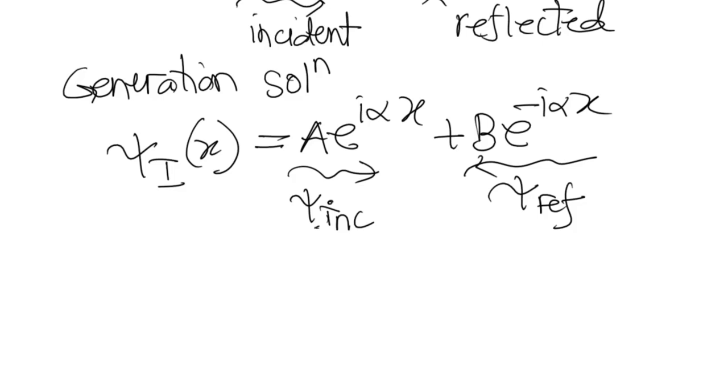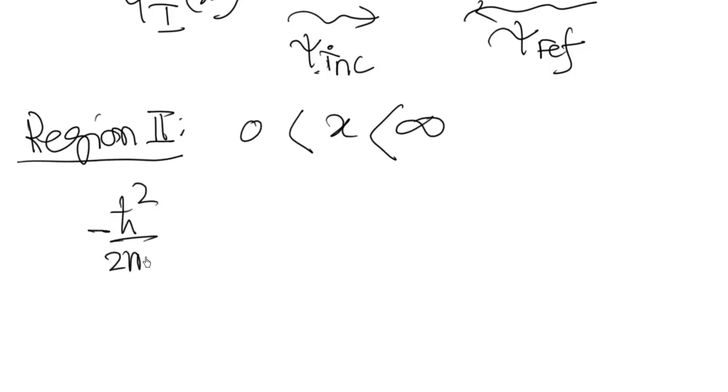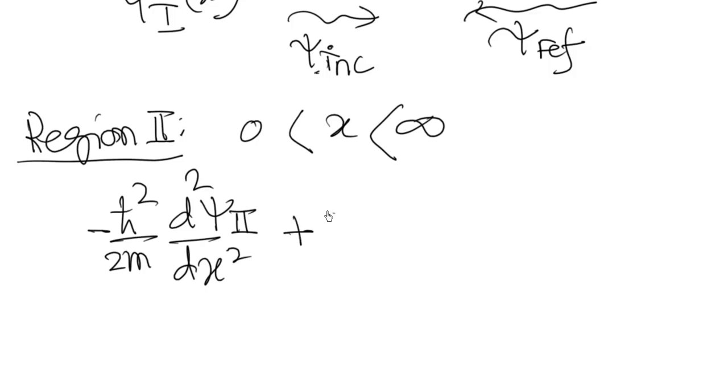Now in region 2, we write down the Schrödinger equation, and we denote the wave function by psi 2 in region 2, and here the potential energy is V naught.